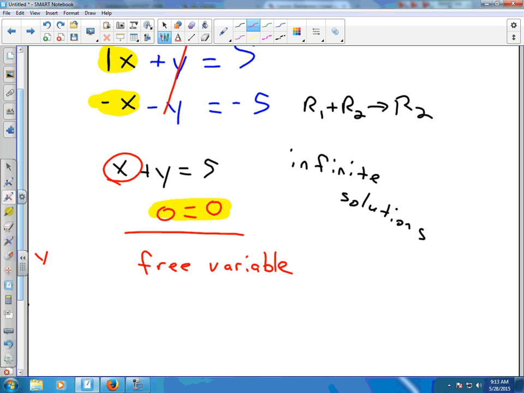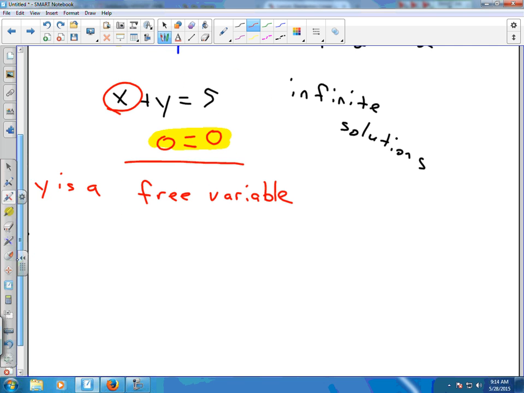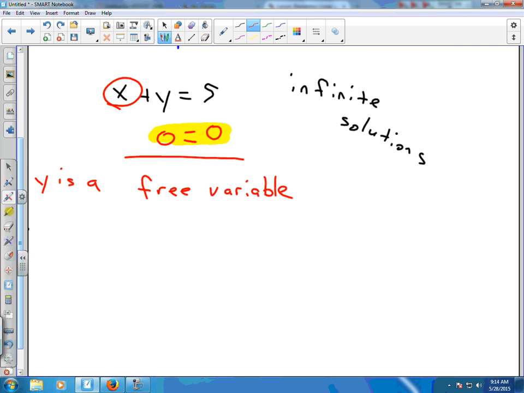So y is a free variable because when we put this system in row echelon form, that variable doesn't occur in a pivot. And it turns out if that variable doesn't occur in a pivot, then that variable is free to be anything. It can be any value.